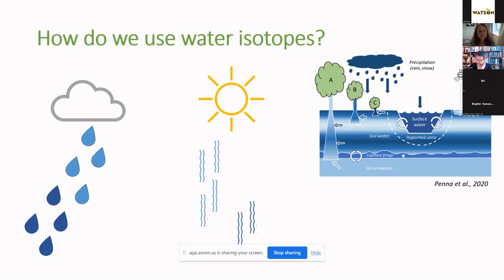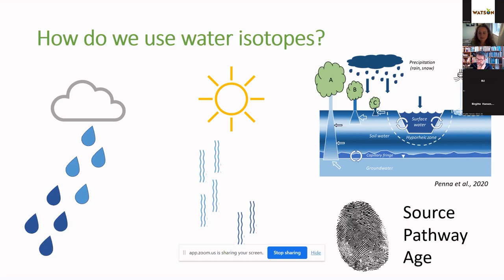And I should make a quick note here that we use isotopes to understand the sources, pathways, and age of water, but we often do this in combination with other hydrological measurements, such as the measurements of the amount of water that is involved, because that's of course part of the question too.